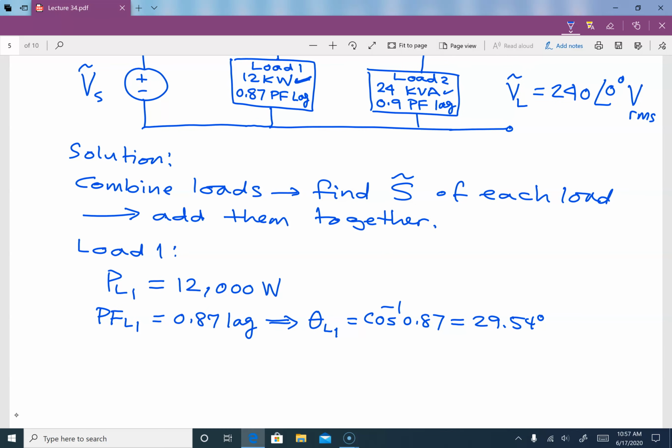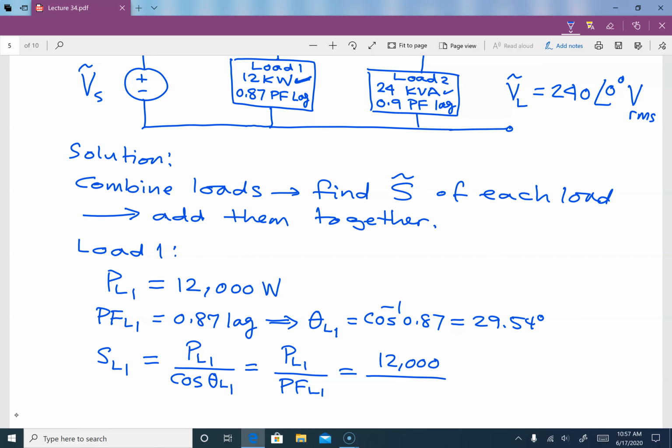So from that, we can say our SL1, which is the apparent power, is PL1 divided by cosine of theta L1. And that is equal to PL1 divided by power factor of load 1, which is 12,000 divided by 0.87.